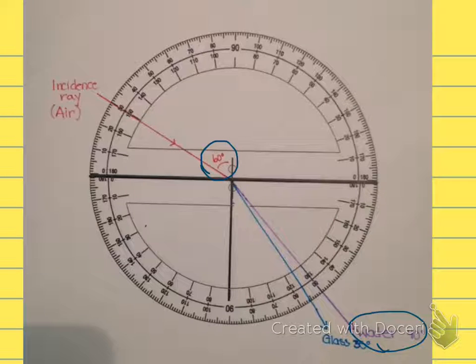And then in glass, the incident angle in air is still 60 degrees, and in glass the refracted angle is 35 degrees. So basically, light's traveling from air into a different medium or substance, either water or glass, and it ends up bending the angle at which it goes into that material.